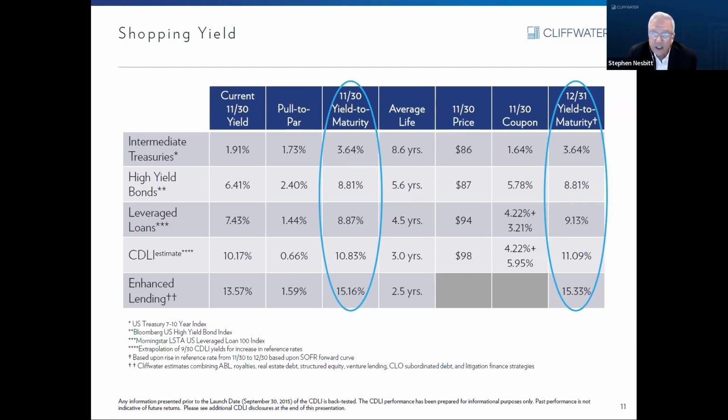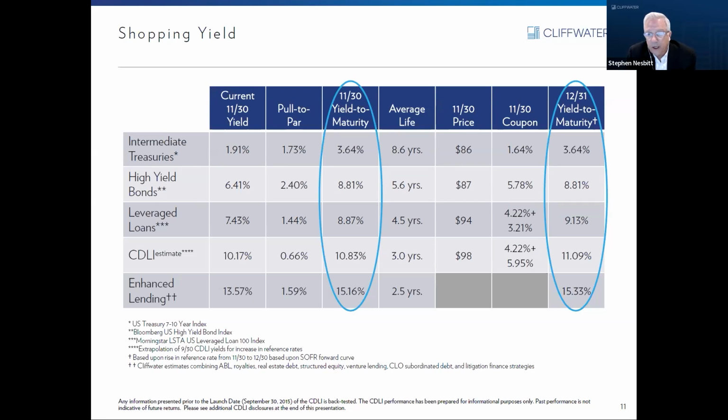So nothing else happens except the yield increase is already baked in from the base rates already baked in at November 30, or based on the forward curve at December 31. Those returns in the final column would be the yield to maturity at December 31.